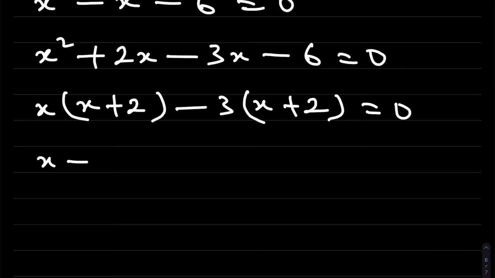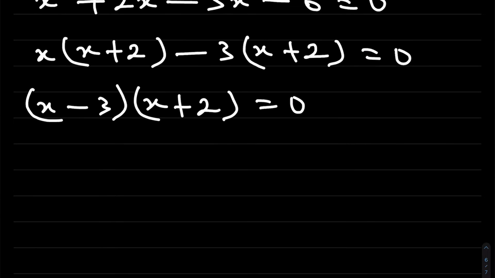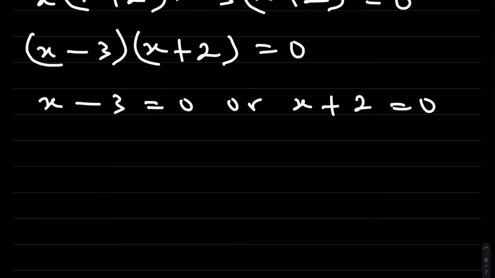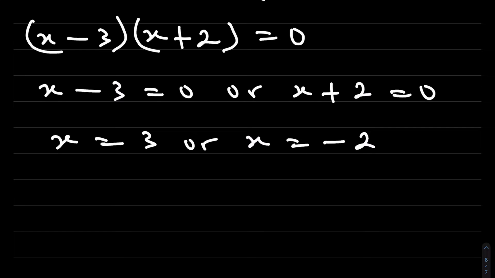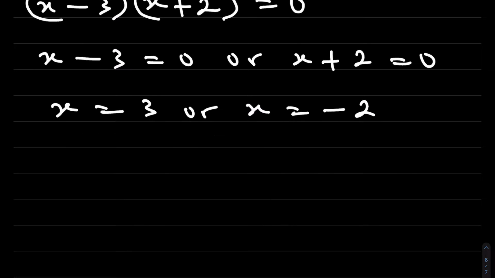And that means x minus 3 times x plus 2 equals 0, which means x minus 3 equals 0 or x plus 2 equals 0. And that means x equals 3 or x equals minus 2. So the zeros of f of x are 3 and minus 2.